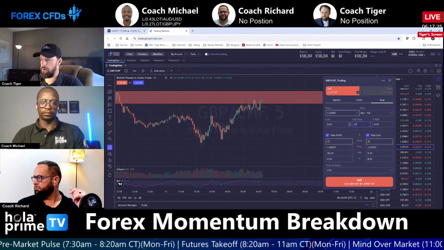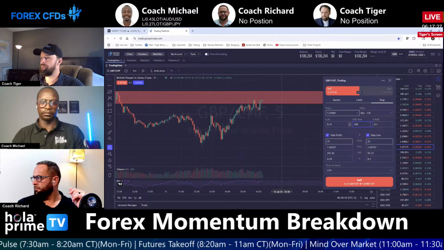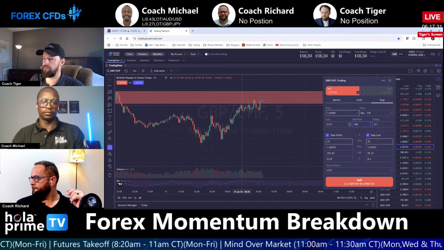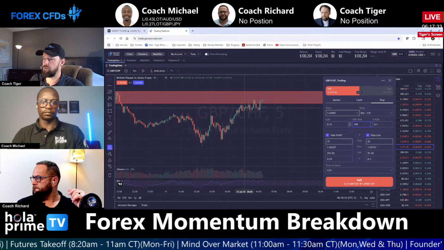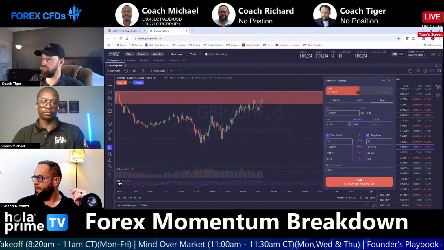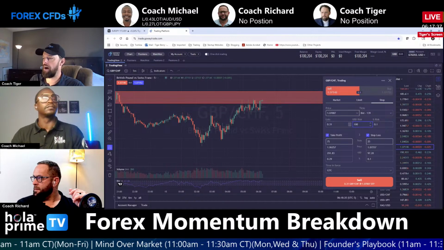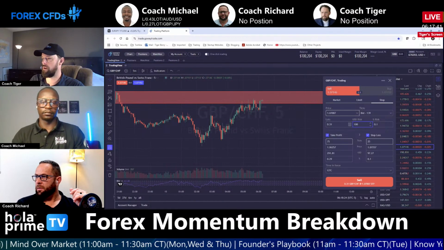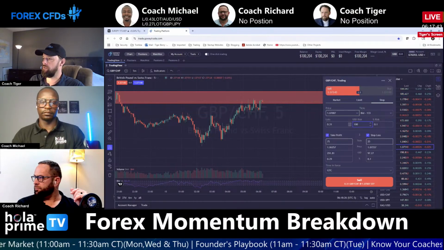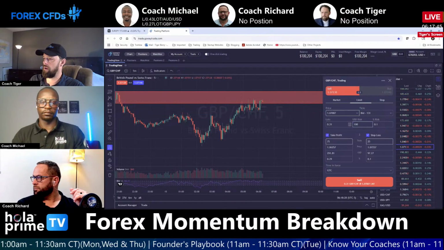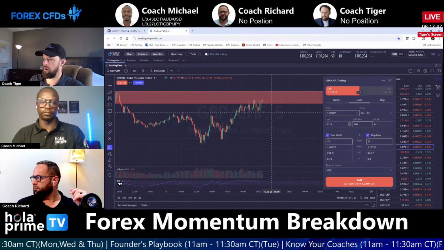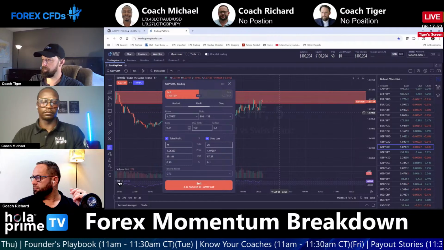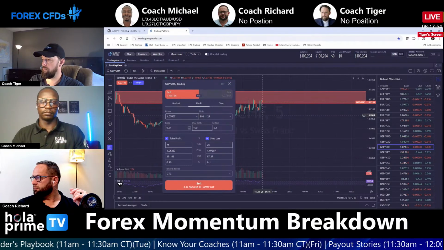Because I didn't see it initially, and it's just been kind of chilling within that 5 pip range, I feel like I'd be a little more comfortable getting a little bit of a break downward, some momentum out of that. So putting in a sell limit right here at the 1.0708 level.